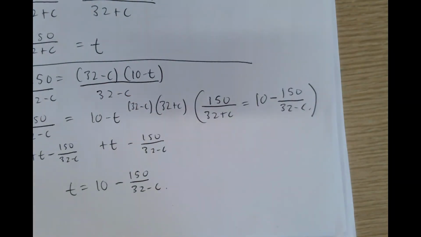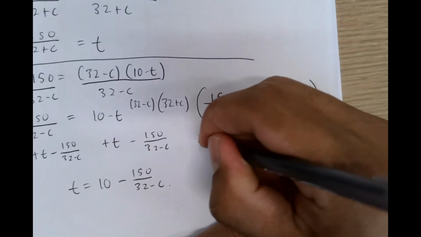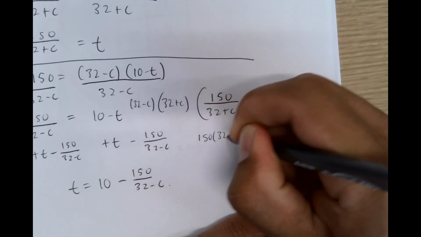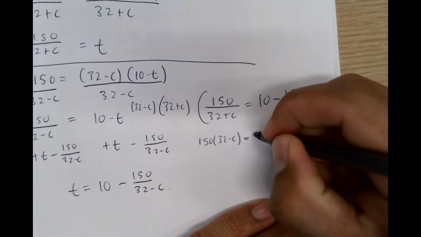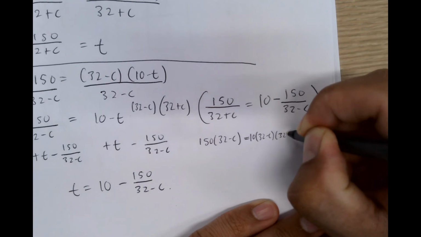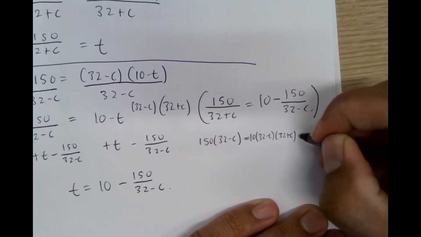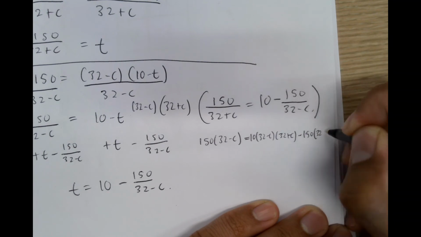So then I would eliminate the first ones. I would get 150 times 32 minus c equals, and this one would be 10 times 32 minus c times 32 plus c, and this one would be minus 150 times 32 plus c.